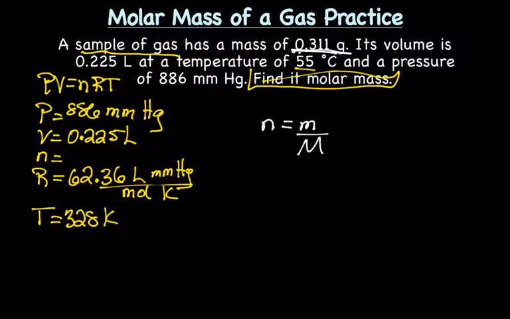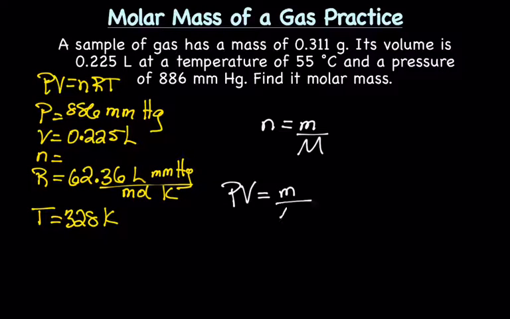So let's rewrite our ideal gas law equation, substituting mass over molar mass for n. So we'll have pressure times volume equals, instead of n, mass over molar mass, times RT.